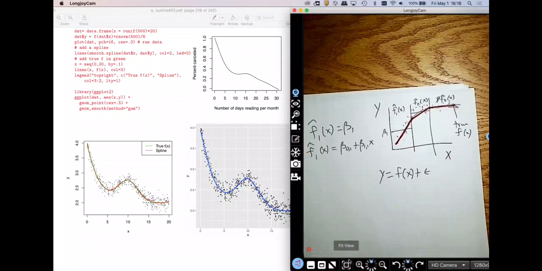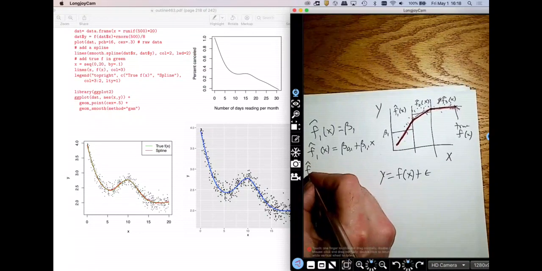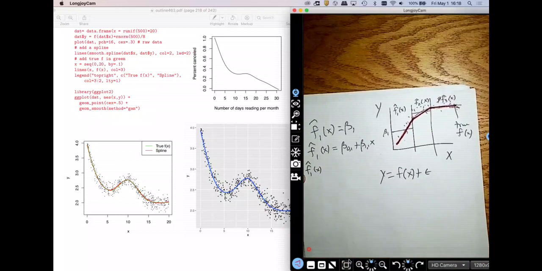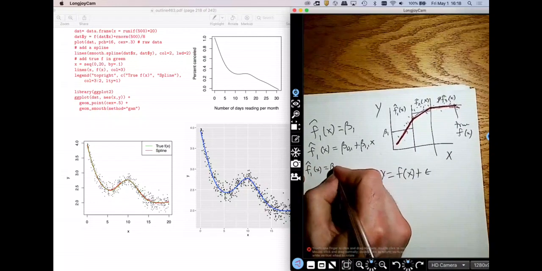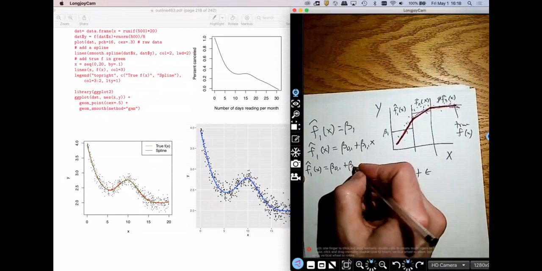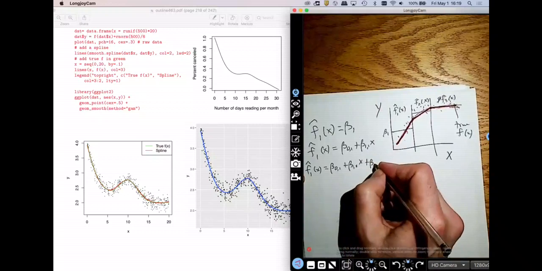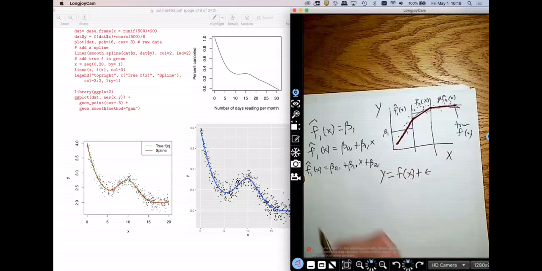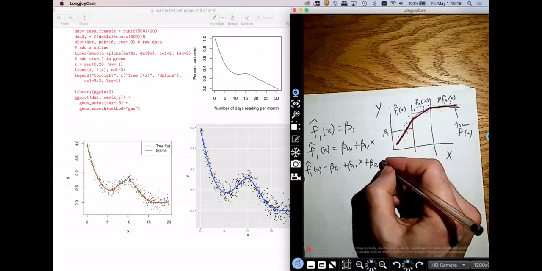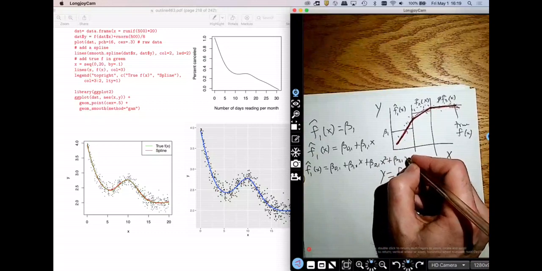We're now going to do the next natural thing, which is to fit a more complicated function in each one. I'm going to put a cubic in there. So here's my cubic: beta naught comma 1 plus beta 1 comma 1 x plus beta 2 comma 1, where the 1 refers to which bin I'm in, x squared, plus beta 3 comma 1 x cubed.